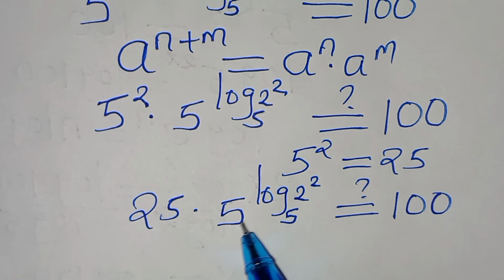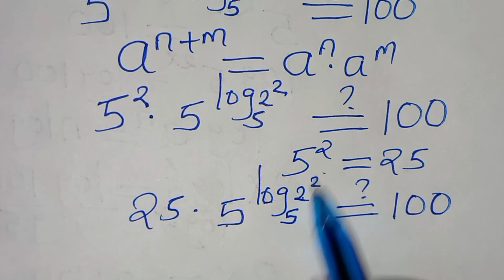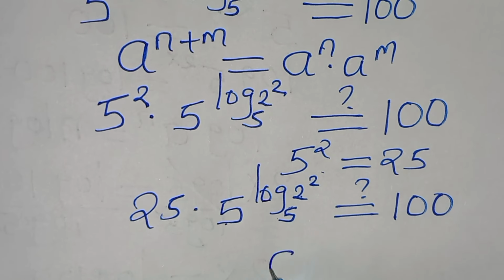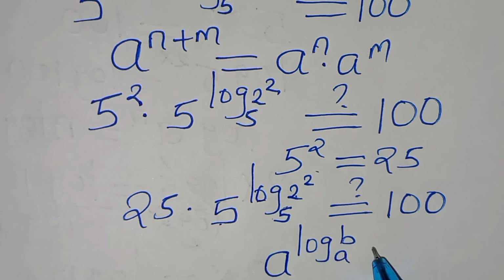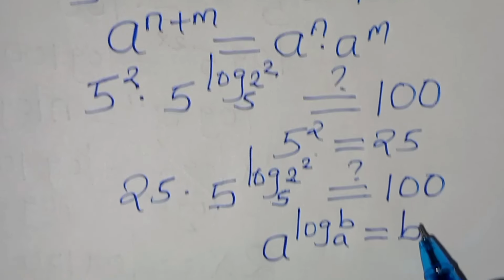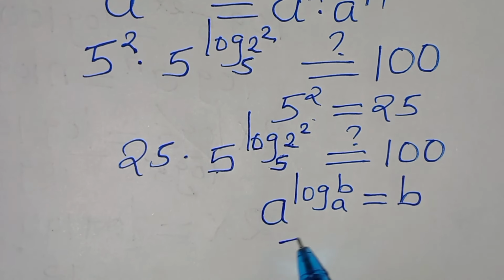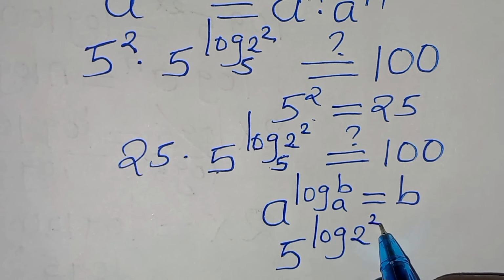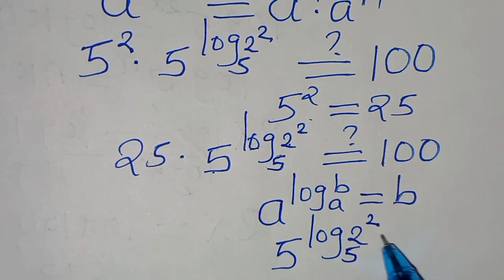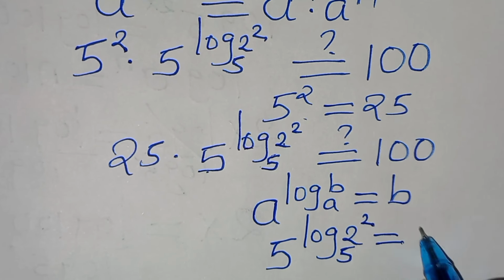So the next step is that 5 to the power of log 2 to the power of 2 to base 5 is in the form of a to the power of log b to base a, which should give us a value of b. So now 5 to the power of log 2 to the power of 2 to base 5 is equal to 2 to the power of 2, which is 4.